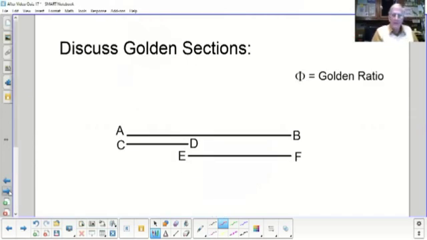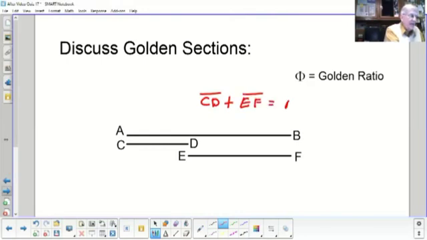Further reviewing, remember, these are golden sections. In golden sections, if 3 segments are golden sections, the following 3 properties have to be satisfied. The shortest one, CD, added to the middle length one, EF, those 2 lengths have to add up to the length of AB.